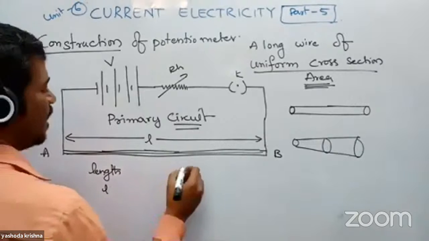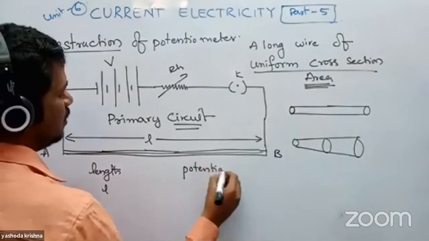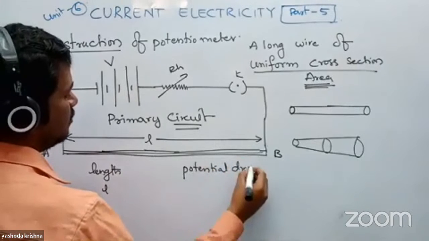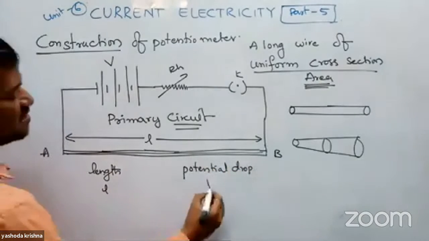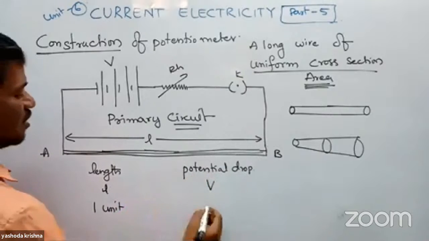Potential drop of the battery is V. For length L, the potential drop is V. For 1 unit length, how much potential drop?